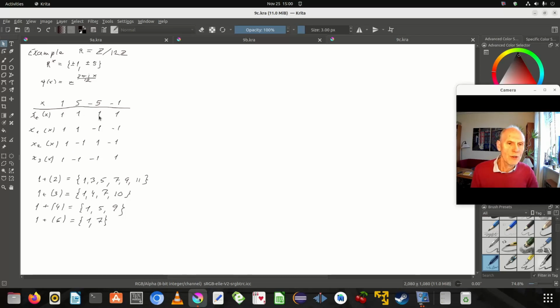So this one is trivial, so it's not primitive. This one is not primitive because it's trivial on 1, 5. This is trivial on 1, 7. So chi3 is the only primitive one.